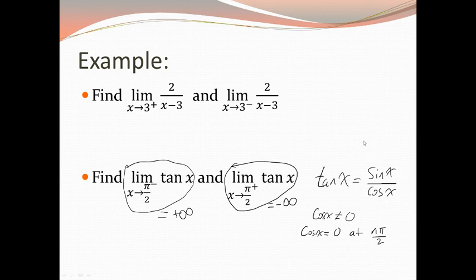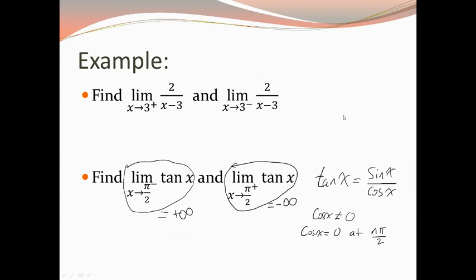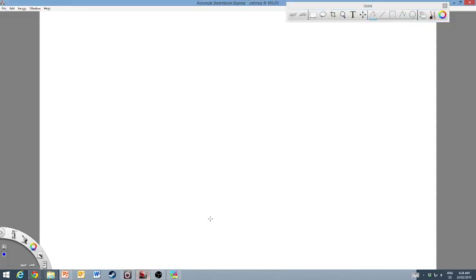So to recap, left side and right side limits can exist, but a limit only exists if, I forgot to put an assignment on here. The limit only exists if both left side and right side limits exist. Okay. So let me recap that.